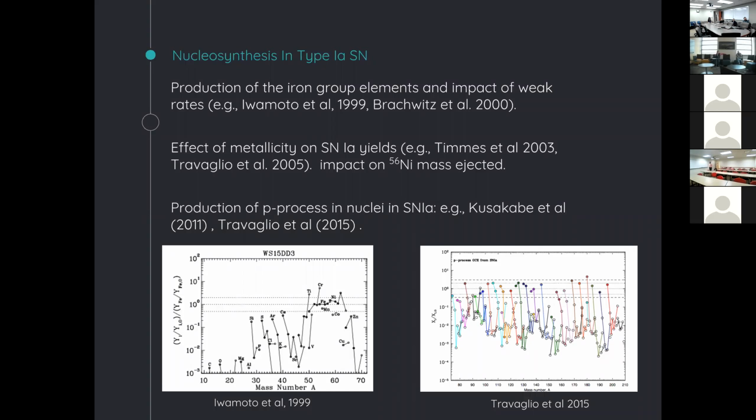But because the abundance of them is much lower than that of, for instance, the s or r process, they're not a primary concern, but I think very interesting.